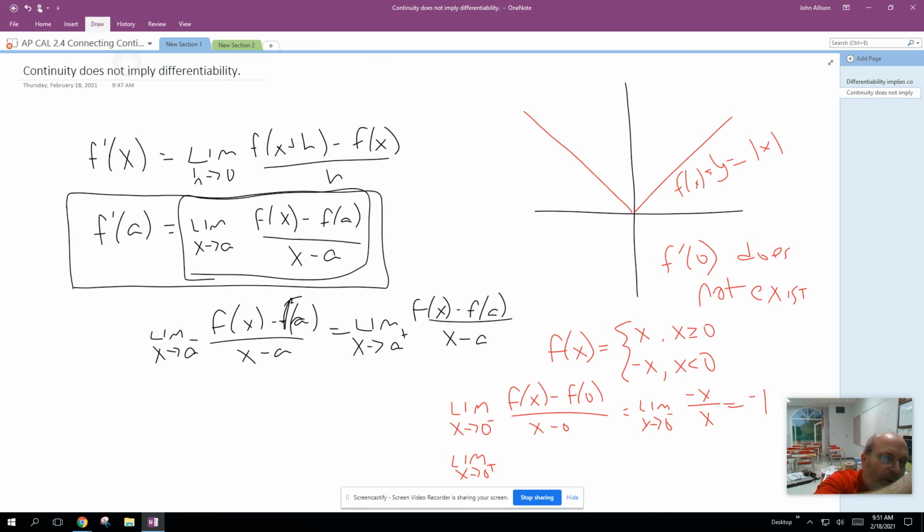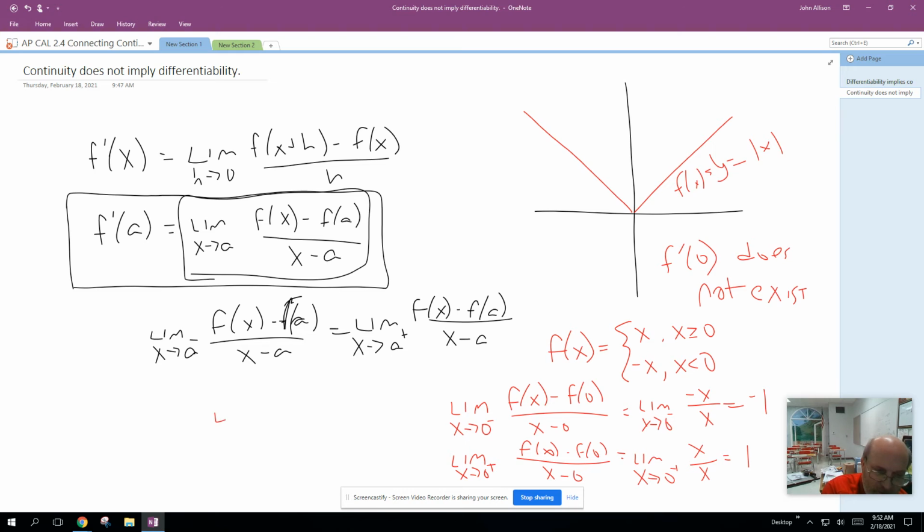As x approaches 0 from the right, we have to use the other part of the function. And so we get f of x minus f of 0 over x minus 0 equals the limit as x approaches 0 from the right of x over x, which is, of course, 1.